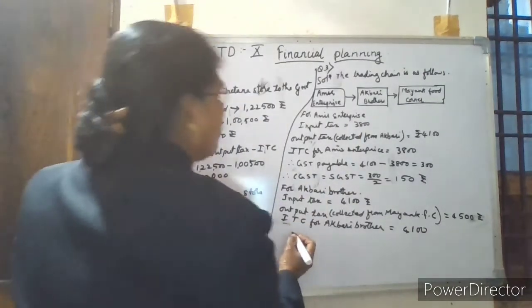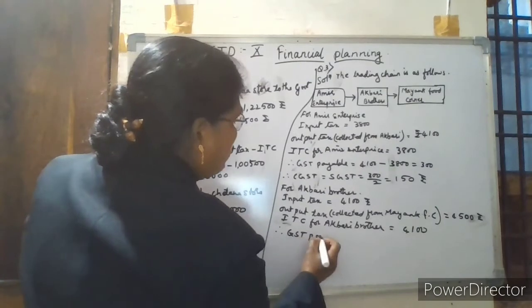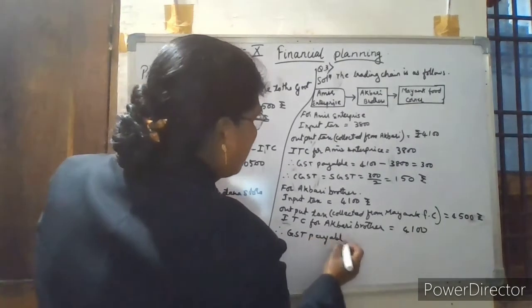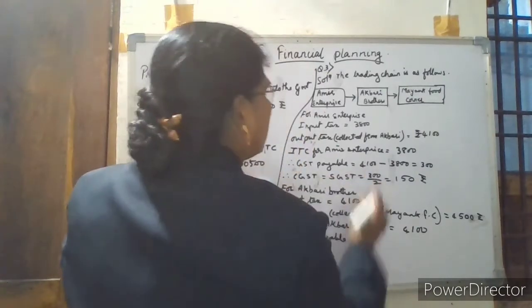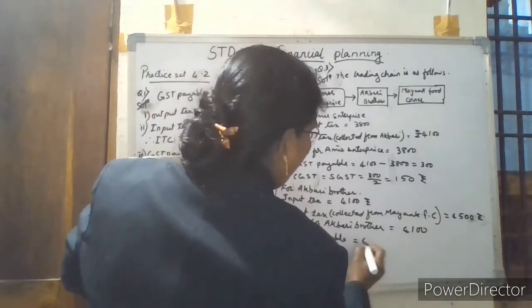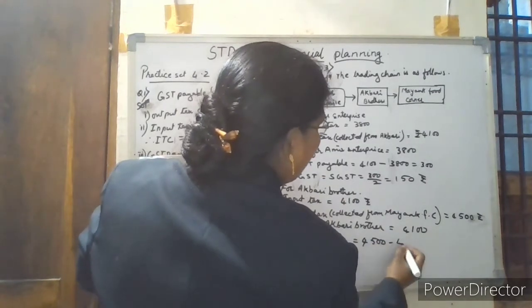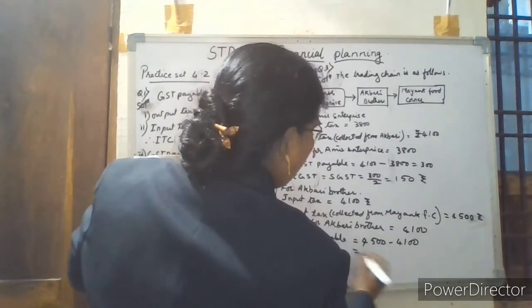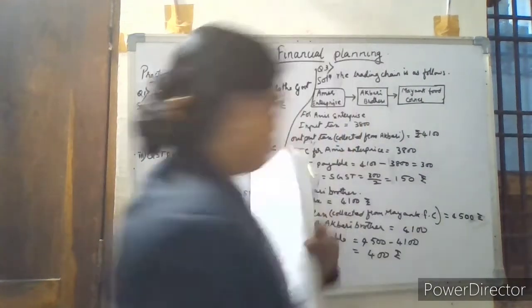Therefore, GST payable is equal to 4,500 minus 4,100, and that is equal to 400 rupees. This is the GST payable.